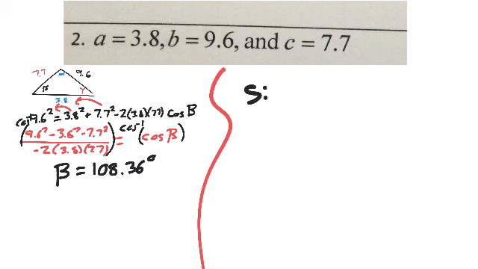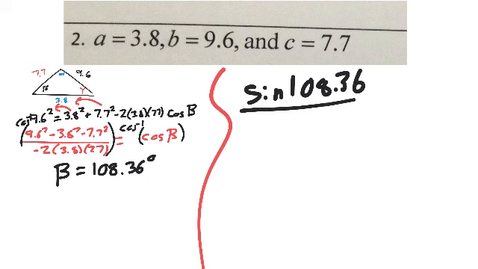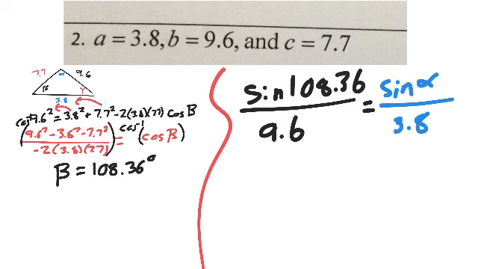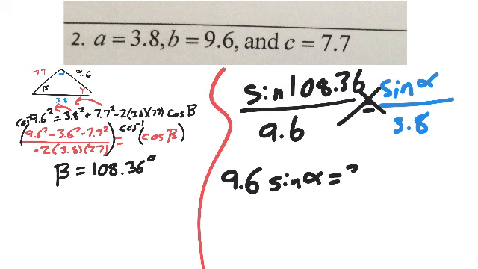So I've got sine of beta, which is 108.36, over b, which is 9.6, equals sine alpha over 3.8. Cross multiply. So I've got 9.6 times sine alpha equals 3.8 times sine of 108.36.